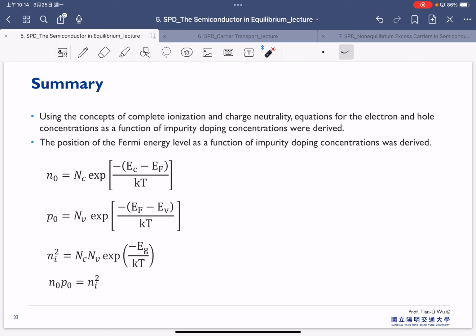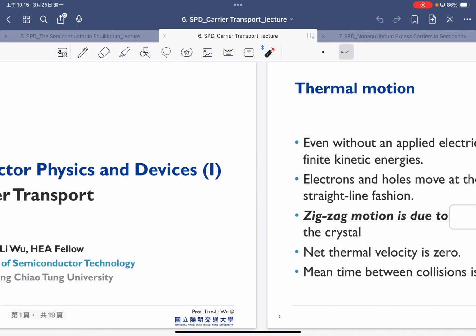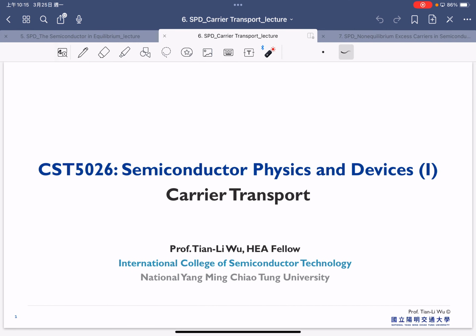Okay, so we will move on to the next topic, carrier transport. In the previous chapter, we discussed a lot about how to calculate the concentration of the carrier distribution.